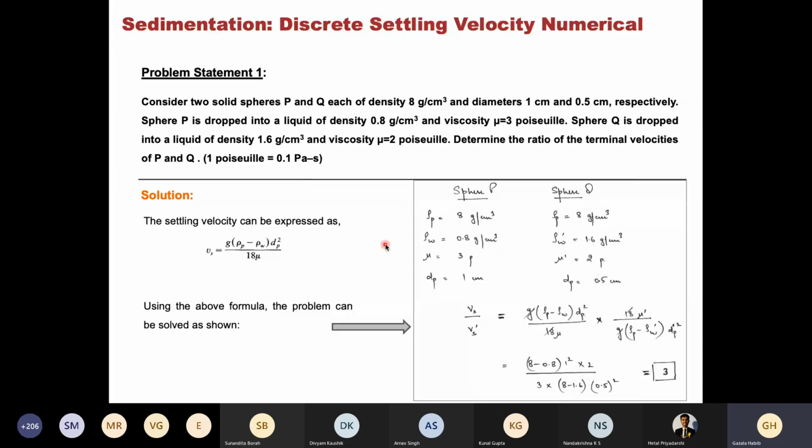Sphere Q is dropped into a liquid of density 1.6 gram per centimeter cube, and viscosity mu is equal to this much. Determine the ratio of terminal velocities of P and Q. So you have to take the ratio of terminal velocity of particle P and Q. That is done here, and it's very easy to understand. You can just go through it. If you don't understand it, then let me know. We will see in the next class.